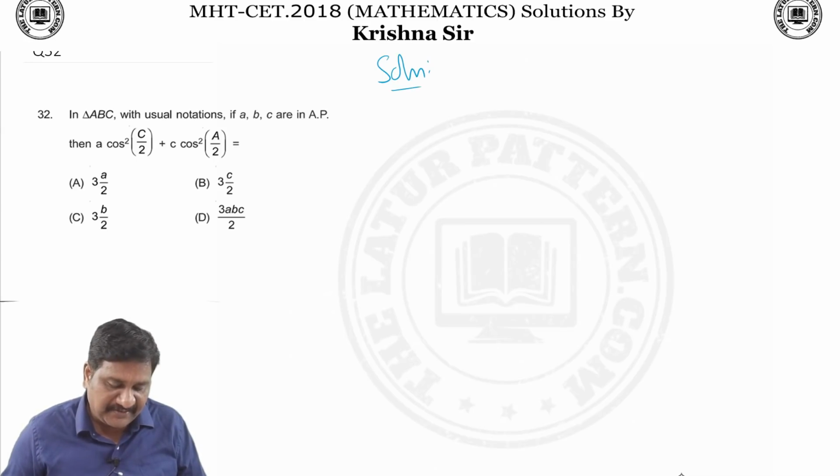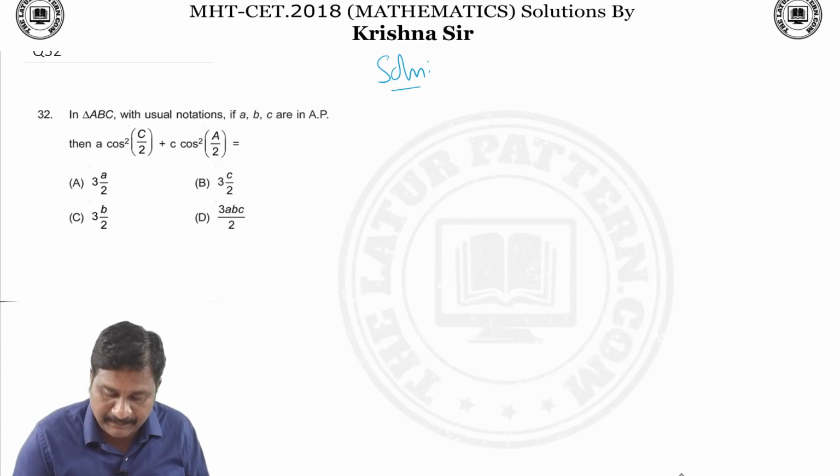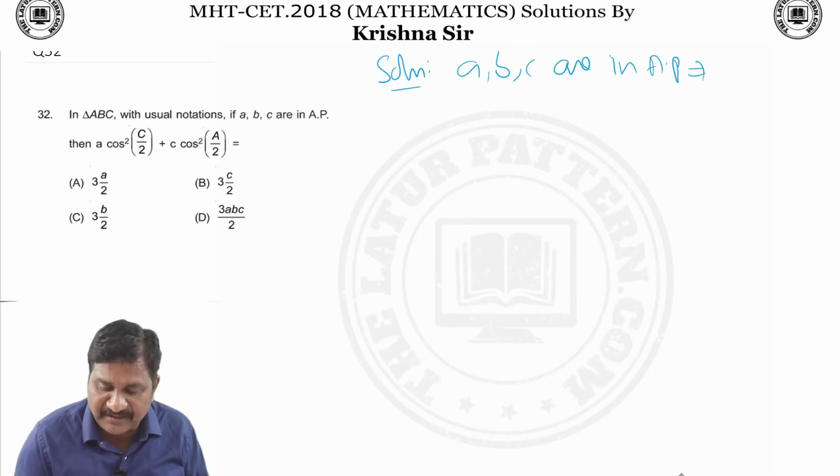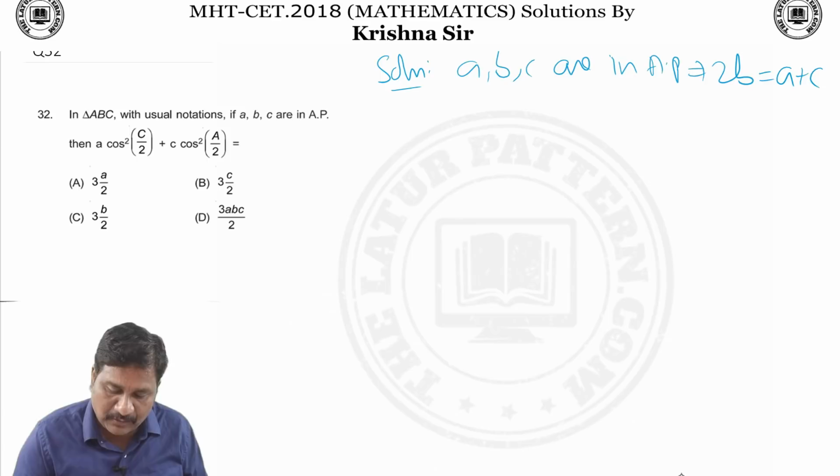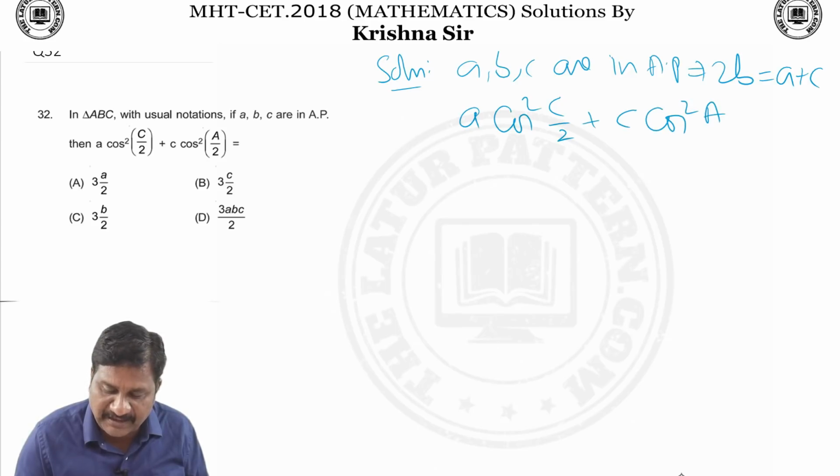In triangle ABC with usual notations, A, B, C are in AP. You know if A, B, C are in AP, then the condition is 2B is equal to A plus C. Then we find A into cos square C by 2 plus C into cos square A by 2.